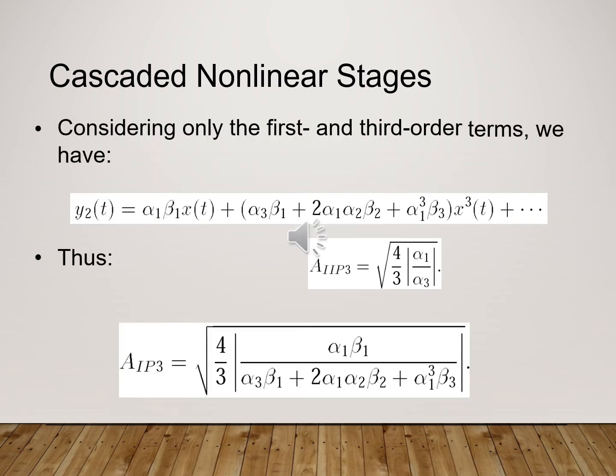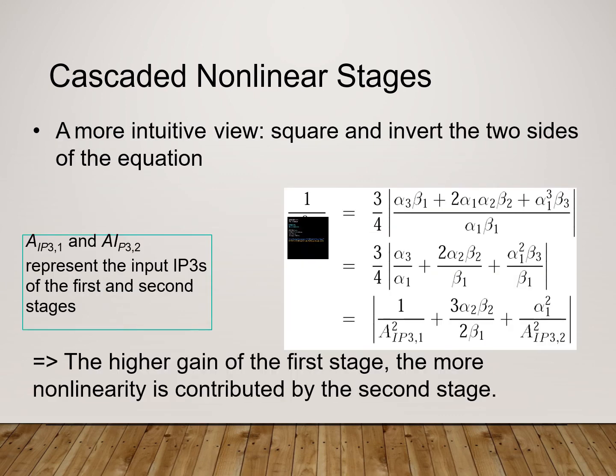By solving these equations like in this slide, when you finish solving the two-device cascaded system, you will come up with this observation: the higher the gain of the first stage, the more nonlinearity is contributed by the second stage. So the gain of the previous stage will affect the nonlinearity of the following stage.